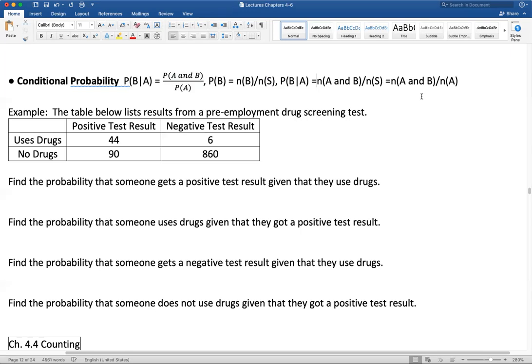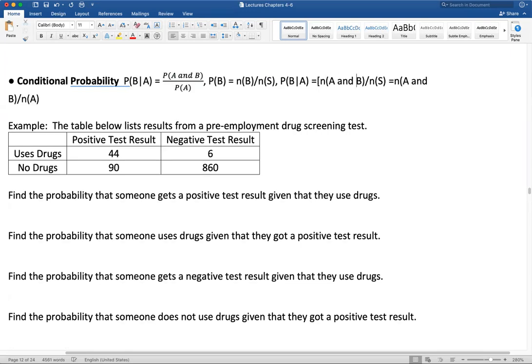That's P of A and B. And the bottom one, P of A, is going to be the number of outcomes in event A divided by the number of outcomes in sample space S. So this is a fraction over a fraction, numerator over numerator, and the denominator is also a fraction, right?